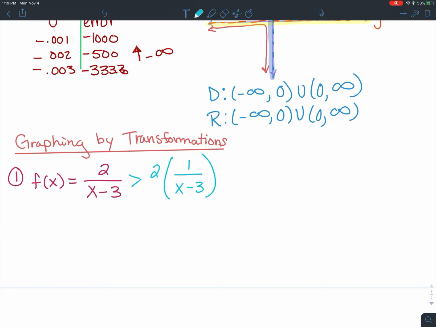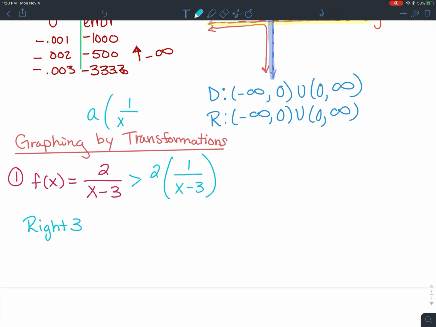Okay, now, based on the parent graph, 1 over x, we can say what's going to happen. Here it's going right 3, not down 3. Let me put the transformation here. You would have an A out in front, that would be my vertical stretch.